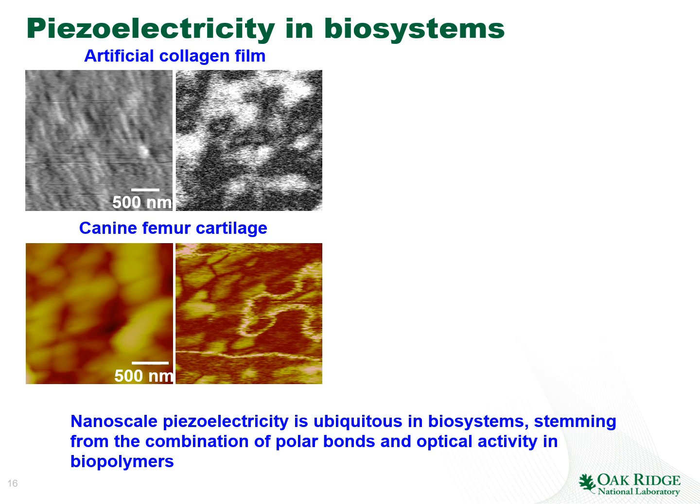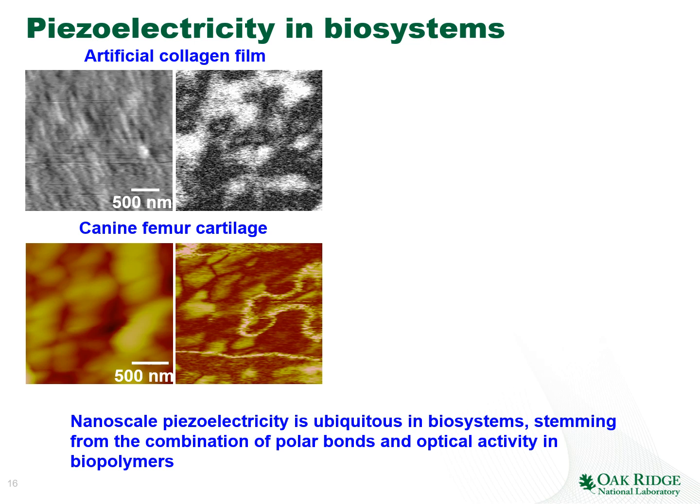This is another example of the canine femur cartilage. So basically it's a part of the dog's bone. And you can see the polished surface doesn't tell us really much, but then you start to see that parts of the material develop clearly visible domains.